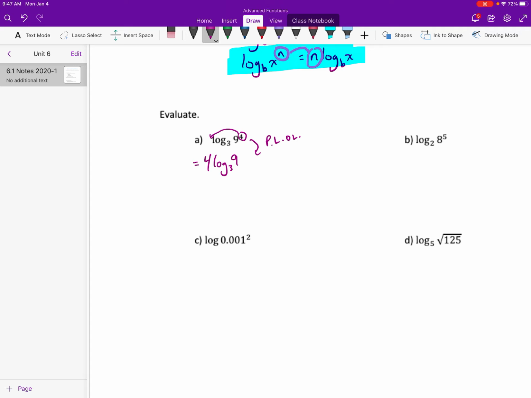Now, we're trying to flex our muscle here, use no calculator to solve these problems. So we get 4 log 9. Because the base is 3, we're going to try and write 9 in terms of 3 to the power of something. So again, base of 3, and 9 is just 3 squared.